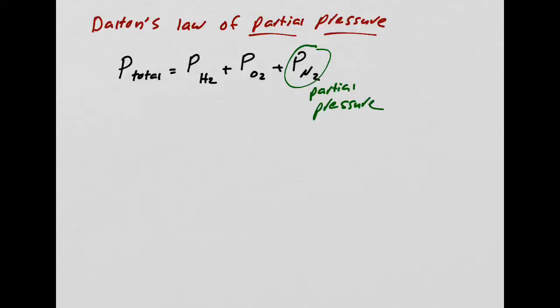But if they say find the partial pressure of N2, that means besides N2 there are other gases in the room. It doesn't change how we solve it. We use the same equation, same exact thing, but it just says partial pressure because other gases are in the room too. Sounds good? Okay, beautiful. Next time we're just going to do a couple practice problems, and we are done with gases. Nice.